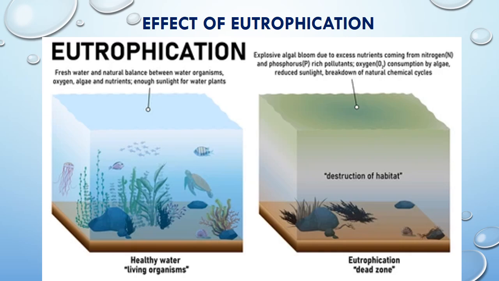In another picture, because of eutrophication, the whole surface is covered by algae, sunlight is restricted, and a dead zone is created where aquatic life dies. This has a harmful effect on aquatic life and the environment, because it also breeds insects and mosquitoes, which is harmful for human life too.